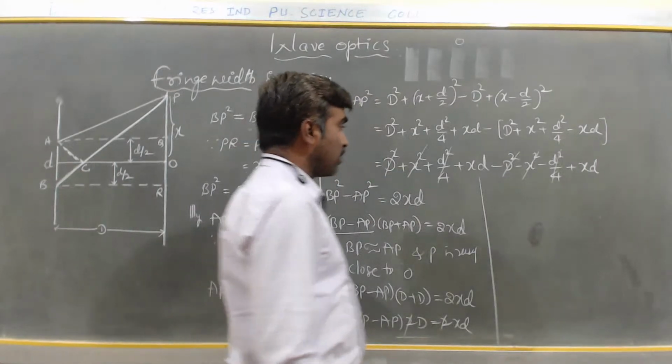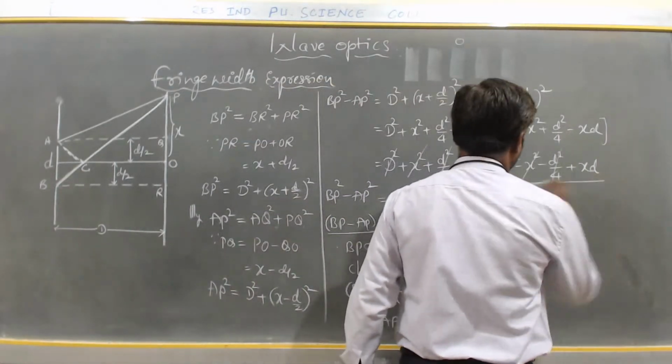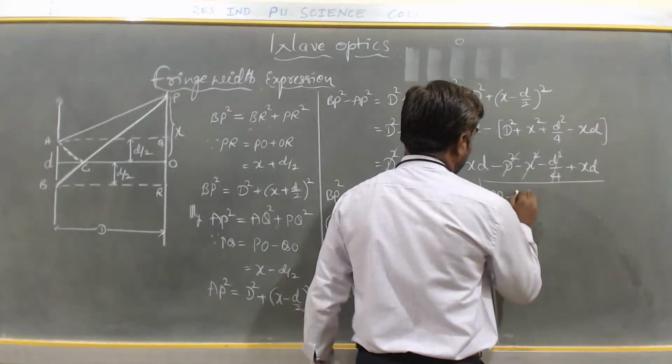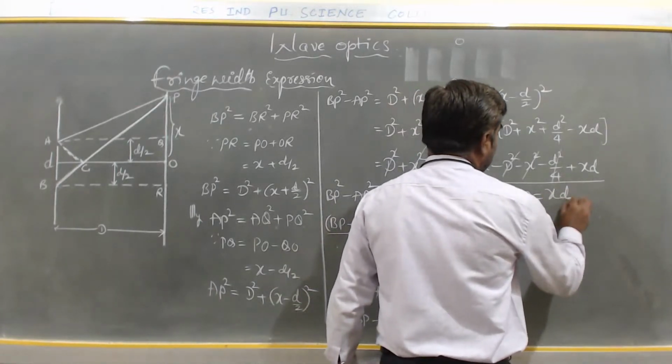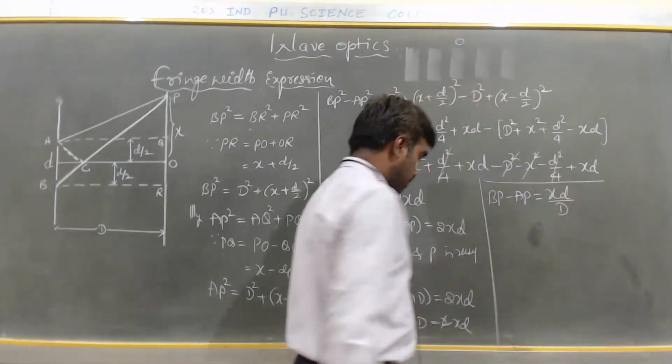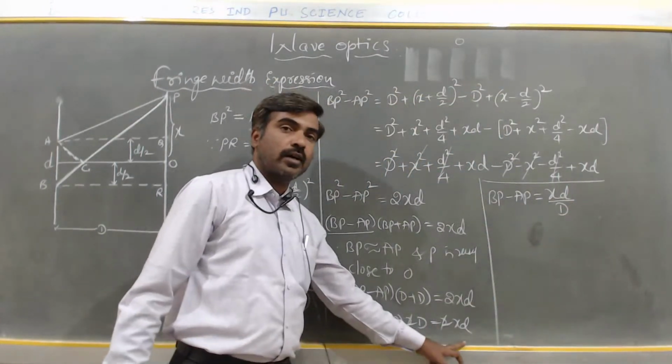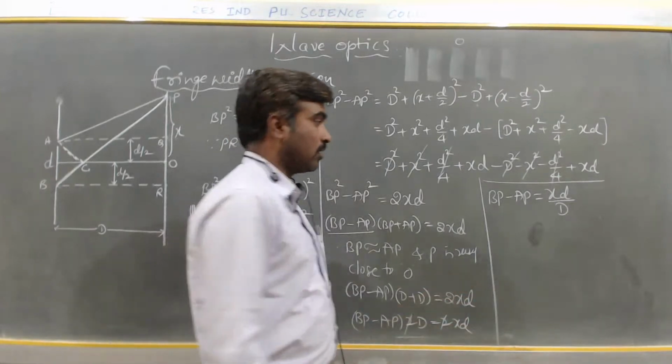Only BP minus AP will be left, which can be written as BP minus AP equals XD divided by capital D. This D comes to the right-hand side as a denominator.